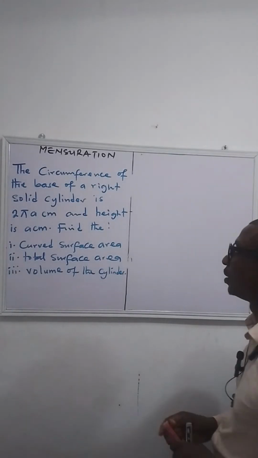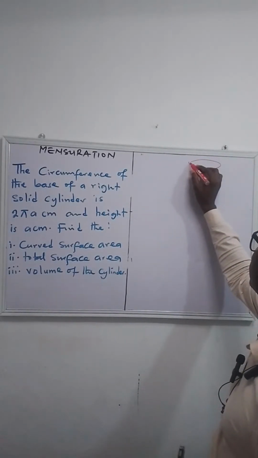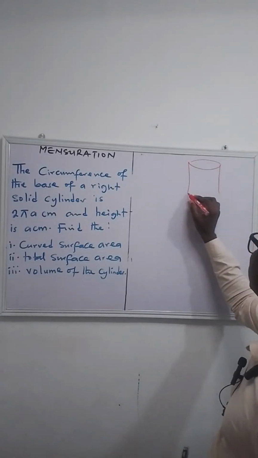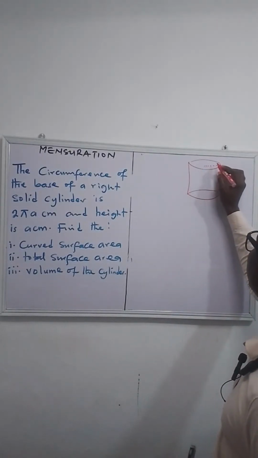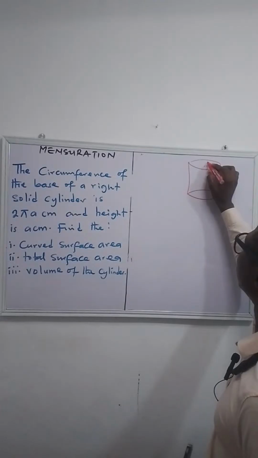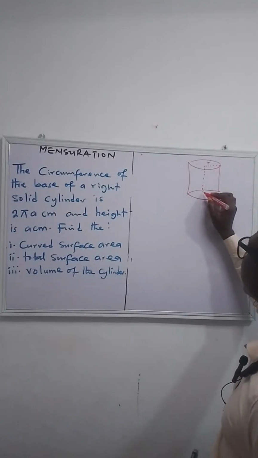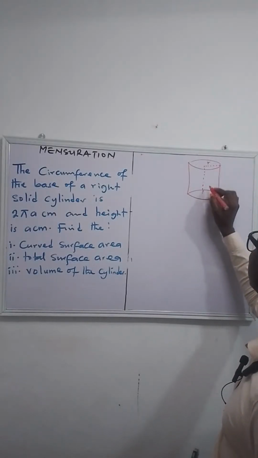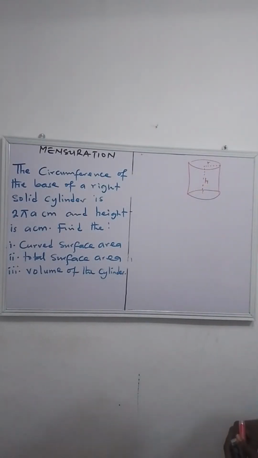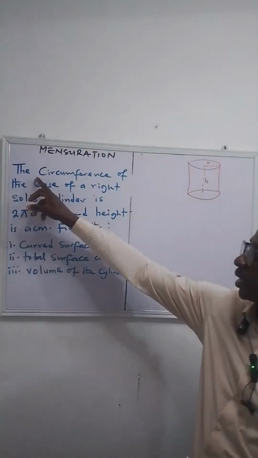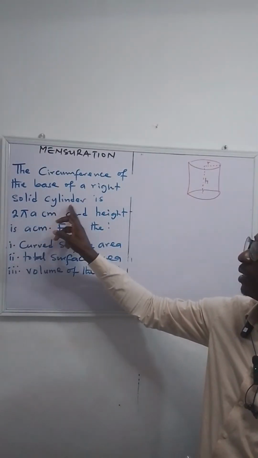So how does a cylinder look like? So cylinder looks like this. All right. So there must always be a radius, and also height. Okay. So now let's look at what we have in the question. The question says the circumference of the base of a right solid cylinder is this.